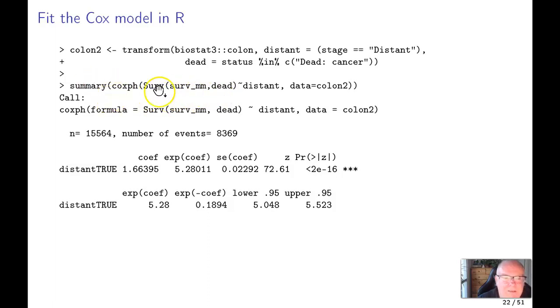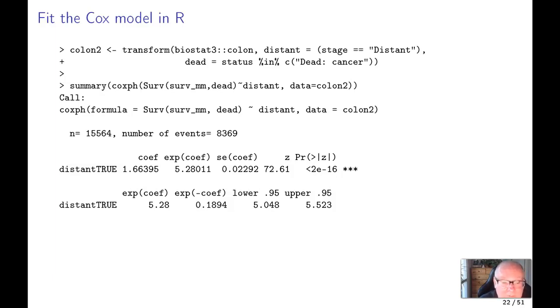So we have our survival object, which has the two dimensions of our survival outcome. We have the time at risk, and we have the binary event indicator, and then we apply the Cox PH function to our survival object, and we have one explanatory variable here, which is distant metastases, yes or no.